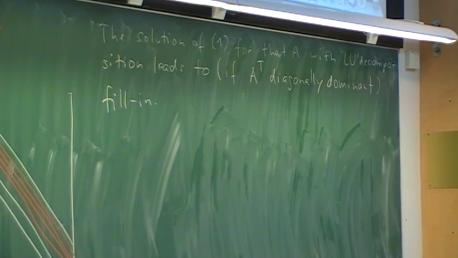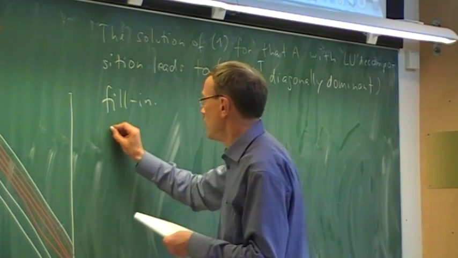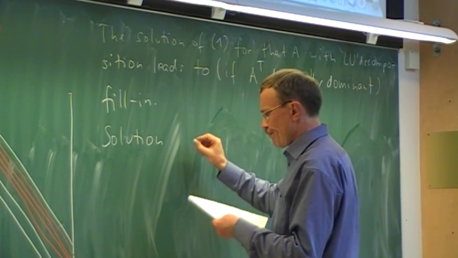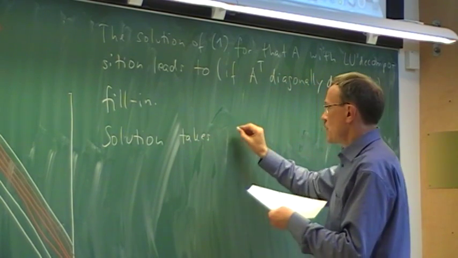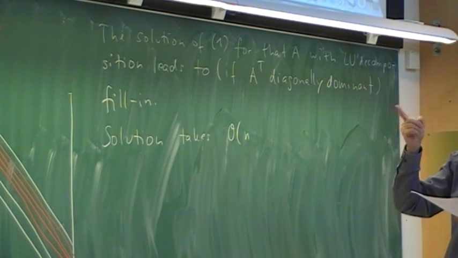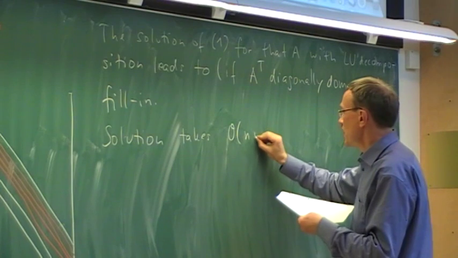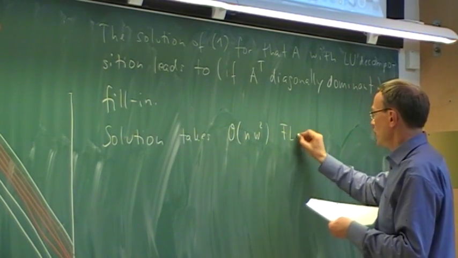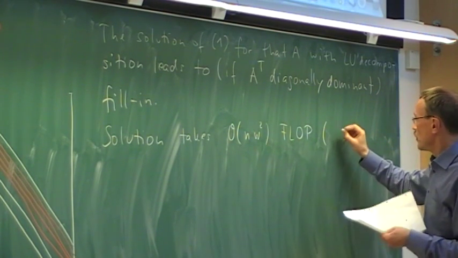And the solution takes, in the order of the unknowns n, in our case Ni plus 2 times Nj plus 2, times the bandwidth squared floating point operations. So this is floating point operations.